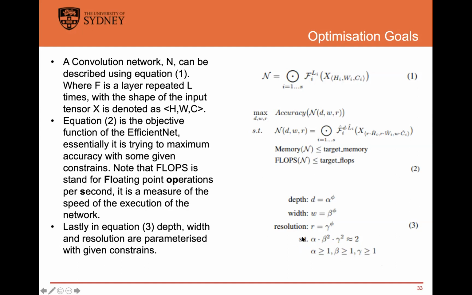Otherwise, if you have no limitations, it might just search purely towards one direction. The computer will have depth as 1, so basically not changing it, and resolution as 1, and then search a really wide network instead of actually going in all 3 directions, because it's more efficient to use all 3 dimensions instead of just 1. But sometimes they can get stuck in a loop where they're just going off in one direction. That's why they have these constraints.